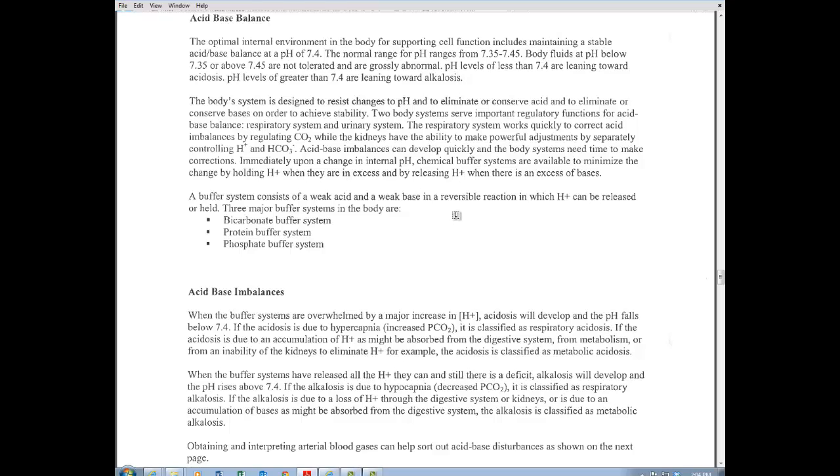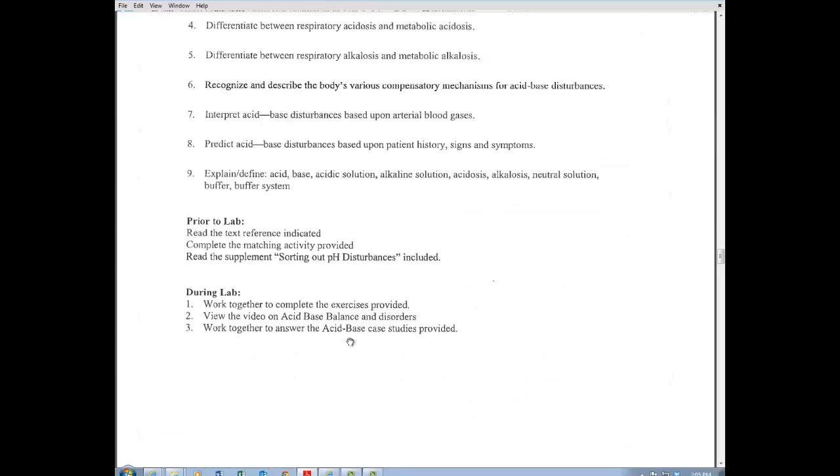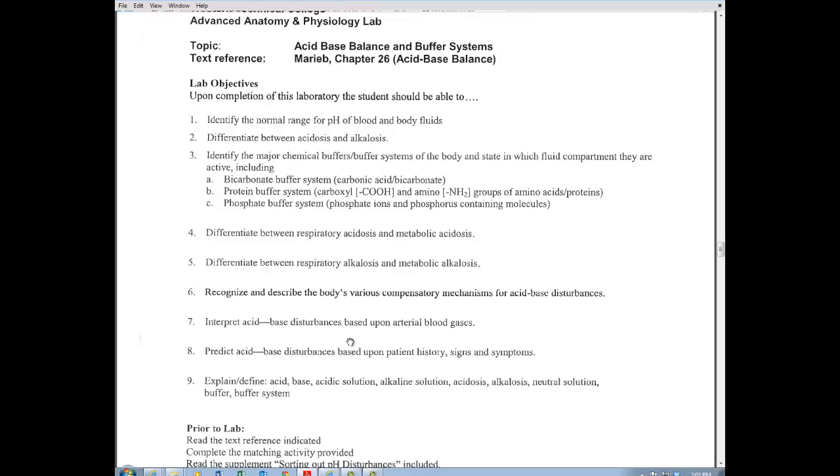high, the carboxyl group will release hydrogen ion, and as a result of hydrogen ion being released from the carboxyl group, that is going to bring pH down. The opposite is true for the ammonium ion, NH2.